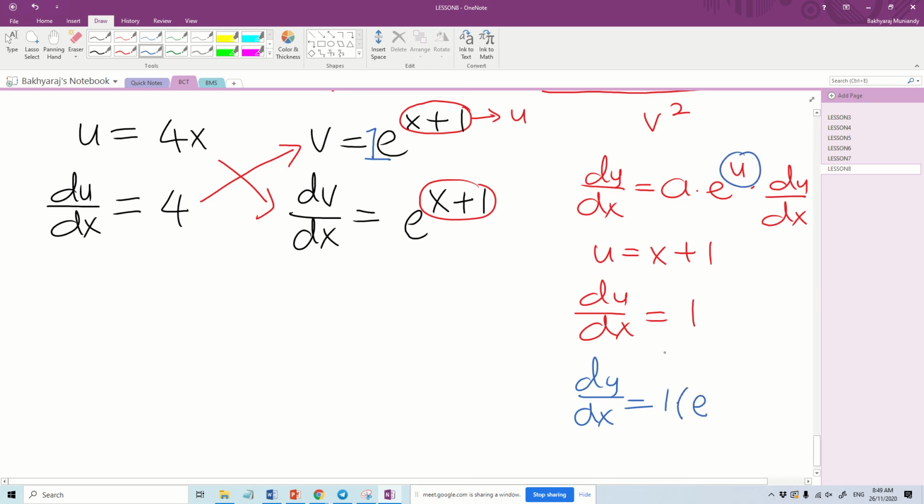The u is still x plus 1. So this is exponent x plus 1. And then your du/dx is 1. So that's why you get the same thing back. No problem. Okay, good. If you don't understand, ask straight away. Don't keep it.